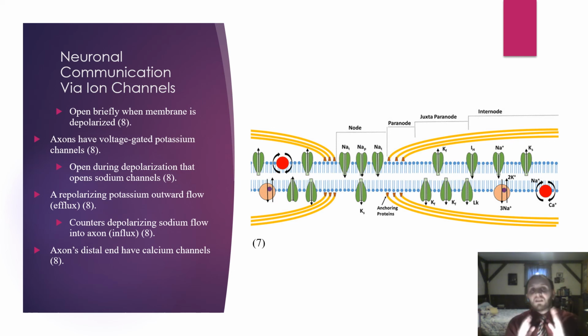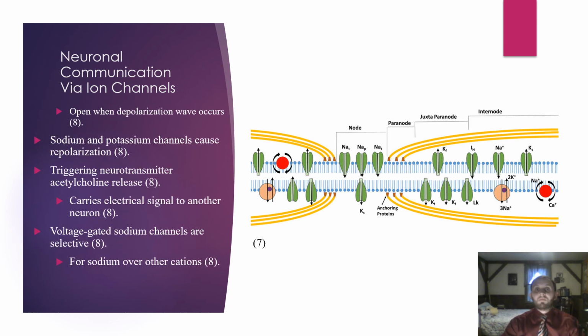So whenever the sodium and potassium channels do their work, the calcium will release these neurotransmitters to cause the action potential to go to the next one, like fire at will. And so that's how it actually works.